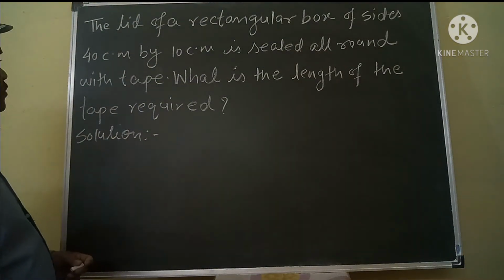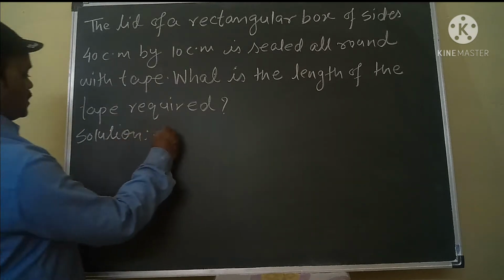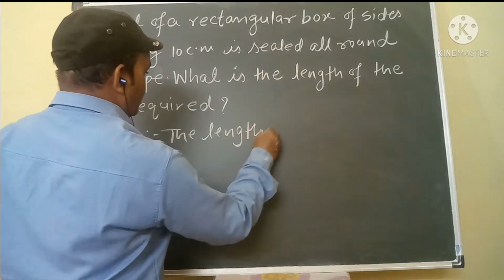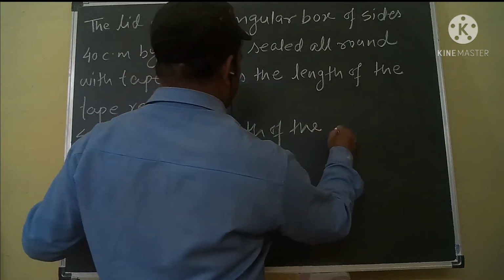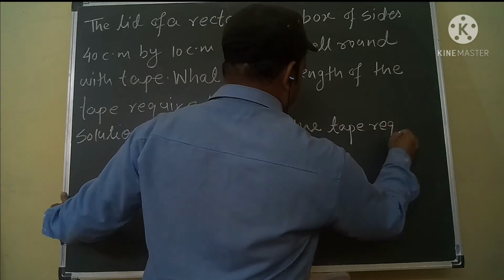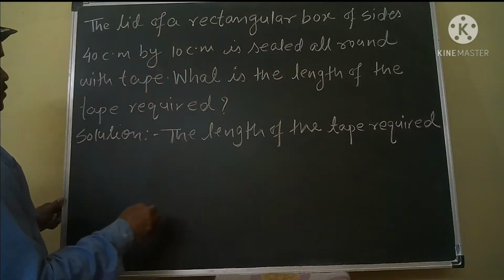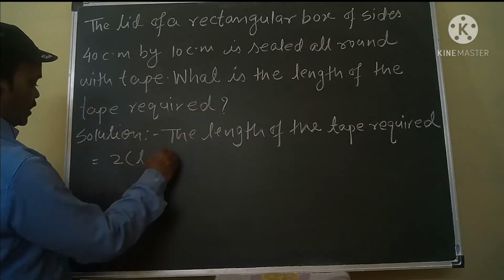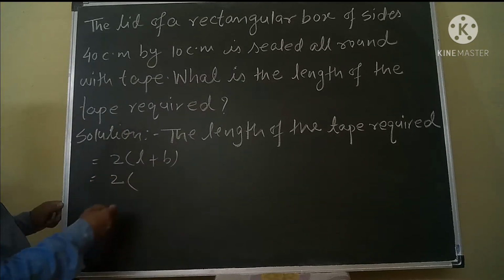The length of the tape required is equal to 2 into (L plus B). L stands for length and B stands for breadth.